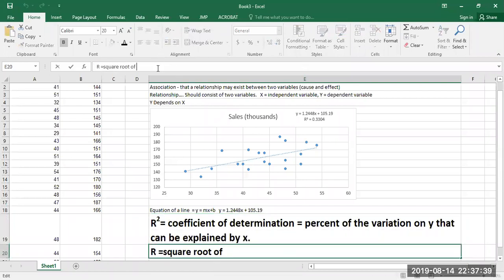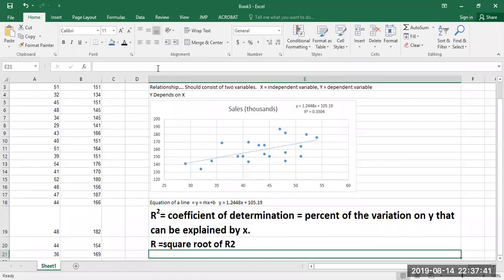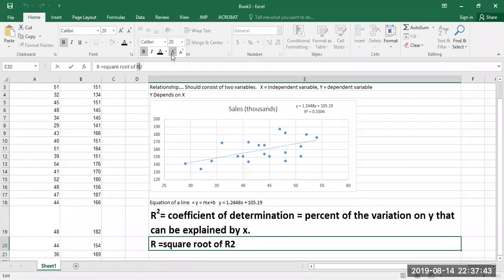I'm not doing subscripts, I'm just going to do this. So R is the square root of R squared. It's important that we know that's where it's coming from because they are directly related to one another.